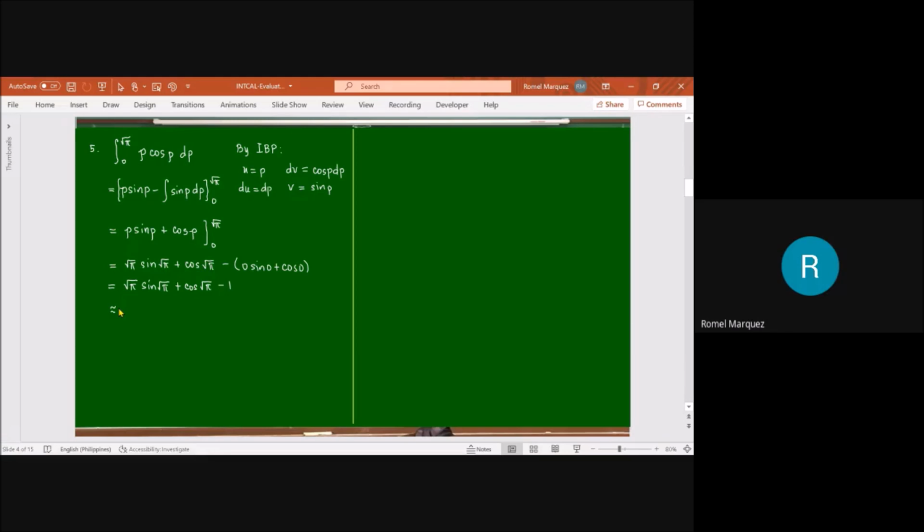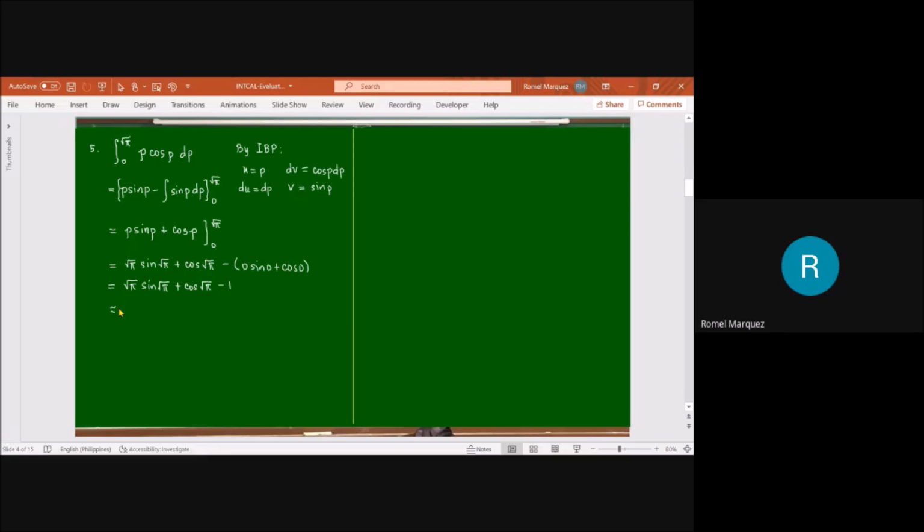Sine, let's say, so what's the value? Could you help me, guys? Square root of pi in radian measure, huh?